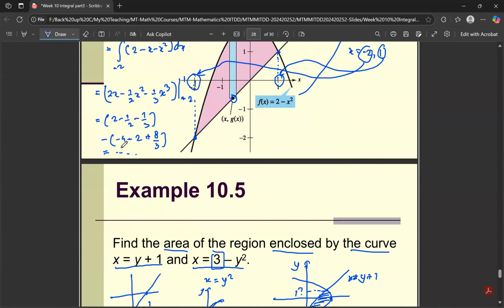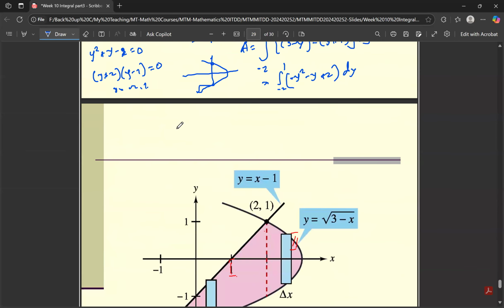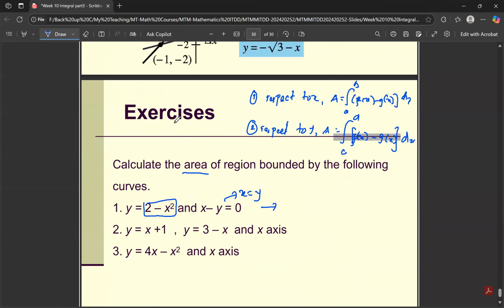We don't write the explicit result. So this looks like what happened in the example. Please do or read the example above.